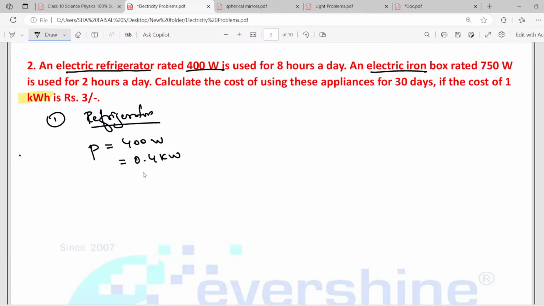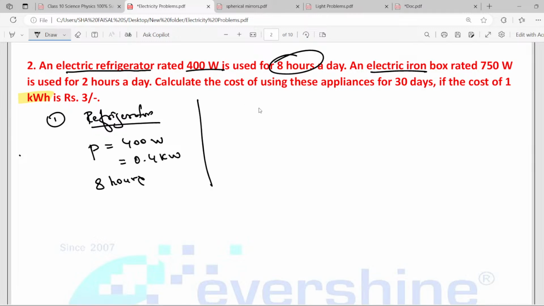For how many hours you are using? 8 hours per day.